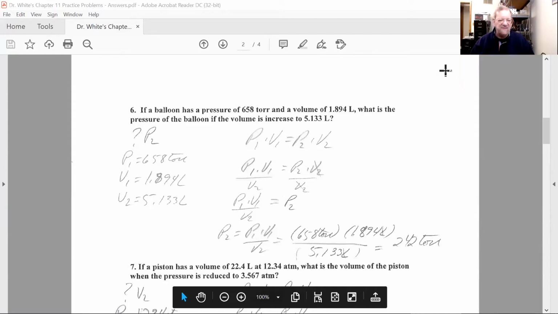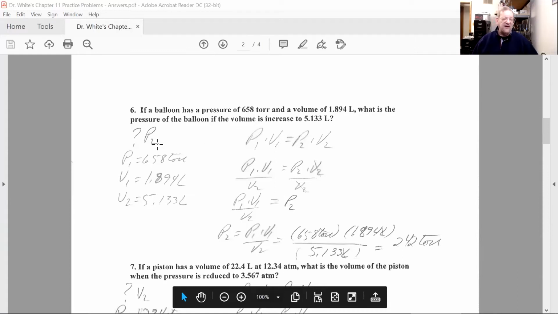If a balloon has a pressure of 658 torr and a volume of 1.894 L, L stands for liters, a measure of volume. What's the pressure of the balloon if the volume is increased to 5.133 liters?